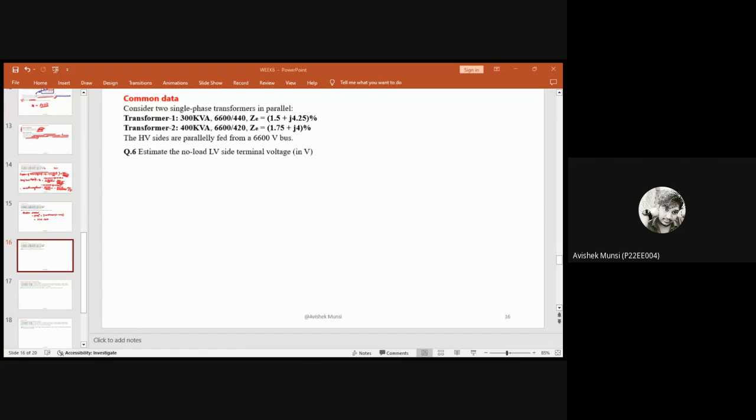Fine. So in this problem, we have to calculate the LV side no load terminal voltage. So as we calculated the no load terminal voltage is 440 volt. We calculated Z1 into the no load current.